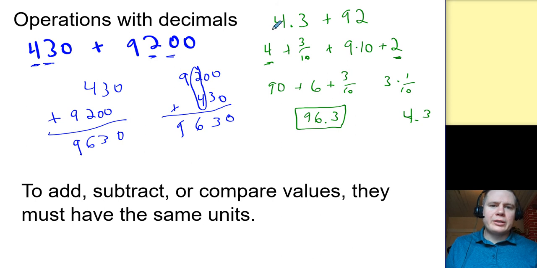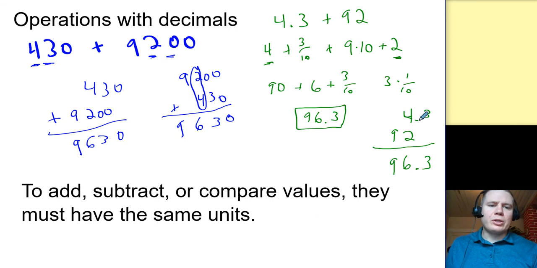So 4 is counting ones, so I need to line up that 4 ones with the 2 ones. 2 ones, 9 tens. Right? I have ones lined up with ones. 4 plus 2 is 6 ones. 3 tenths plus no tenths, so there's 3 tenths. 9 tens with no tens. There's my 9 tens.